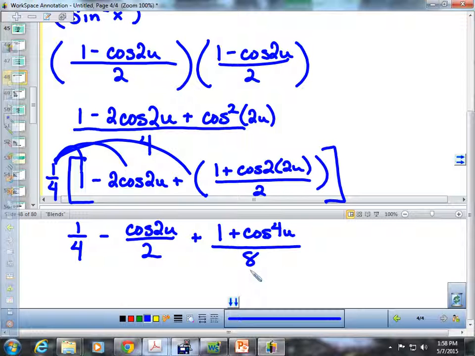Have I done what they've asked me to do? Yeah, at this point we've done what they've asked us to do. Can I still simplify? Can I get one term out of this? Yeah, what would my common denominator be? 8. So this would be 4 cosine 2u's over 8, and this would become 2/8.